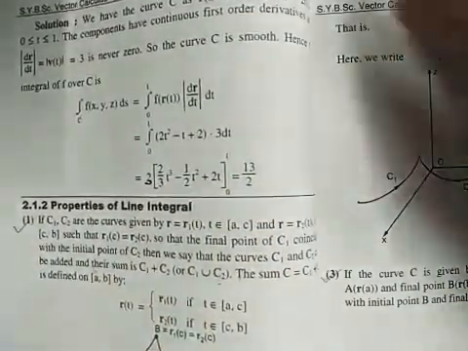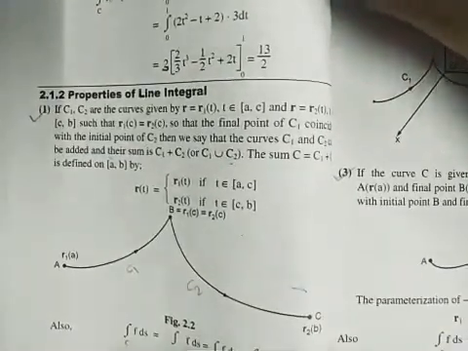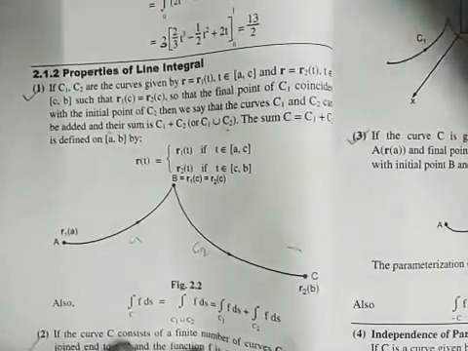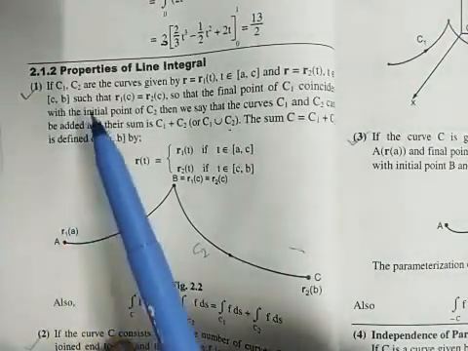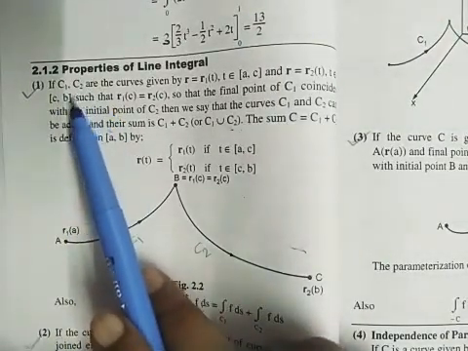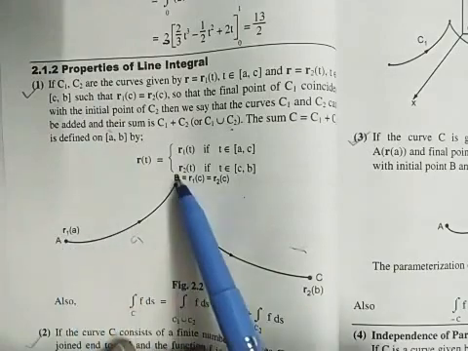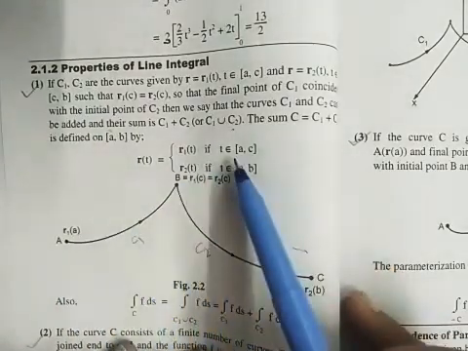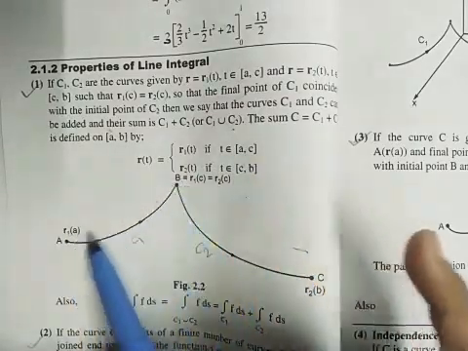Now there are some properties of the line integral. So the first property is, consider there are two curves. Suppose this is curve C1, this is curve C2. Now for this interval A to C, the curve is C1.